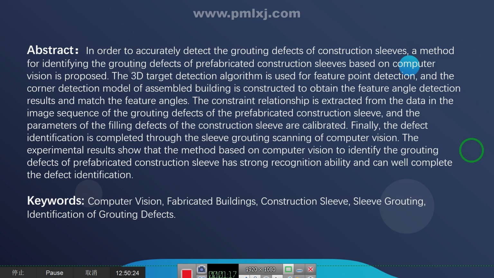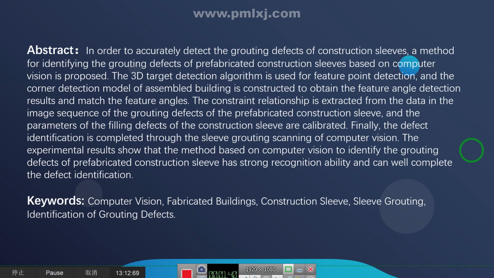The constraint relationship is extracted from the data in the image screens of grouting defects of the prefabricated construction sleeves, and the parameters of the film defects of the construction sleeve are calibrated.